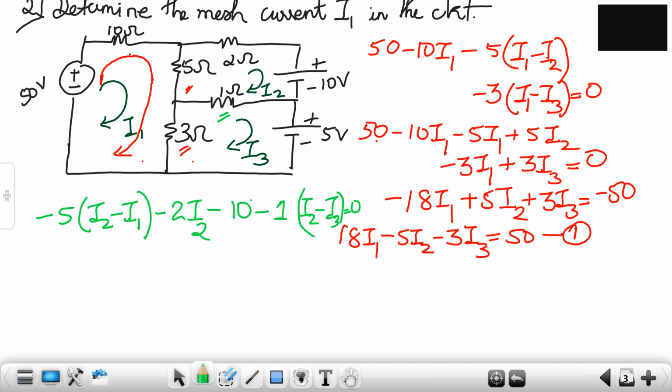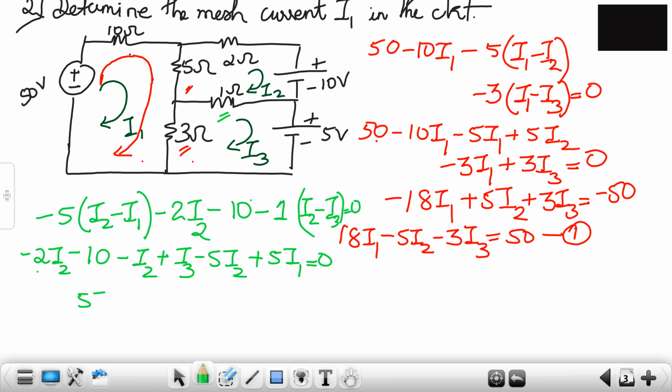So when we open up the bracket, what we get? Minus 2I2 minus 10 minus I2 plus I3 minus 5I2 plus 5I1 is equal to 0.